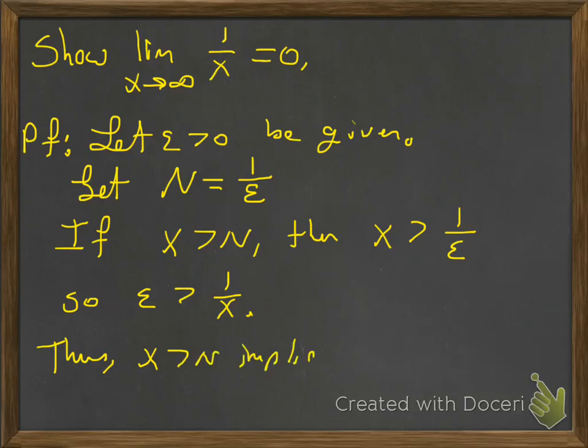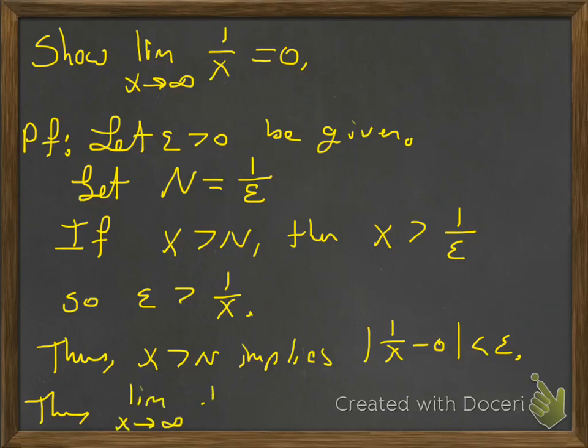Thus, if x is further than n, this is going to imply that the distance between 1 over x and 0 is less than epsilon. And that's what we want to prove, that the limit as x goes to infinity of 1 over x is equal to 0. So to accompany this proof, we'll have a little bit of a picture here.